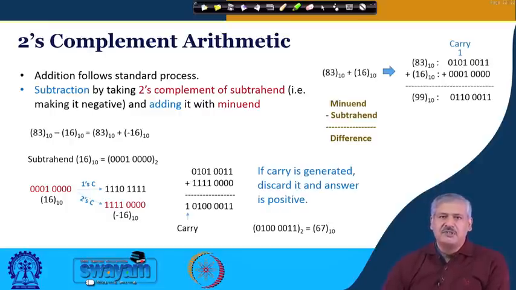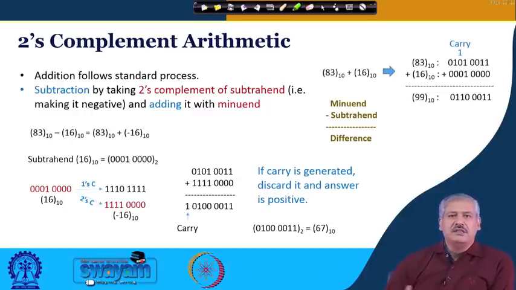2's complement number representation we have already seen. So, in this, addition is a normal standard process, and when you have to do the subtraction part, what we do is get the 2's complement of the original number to make it negative. So, subtraction is a number that is getting subtracted, and then we add these two numbers.